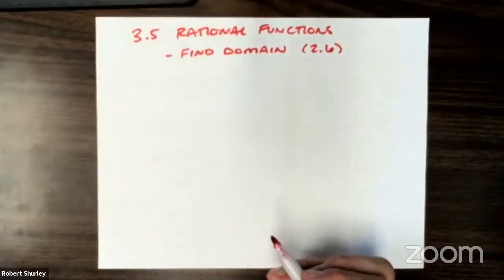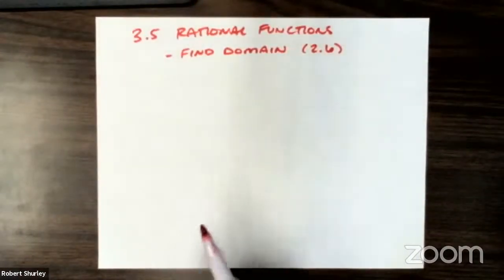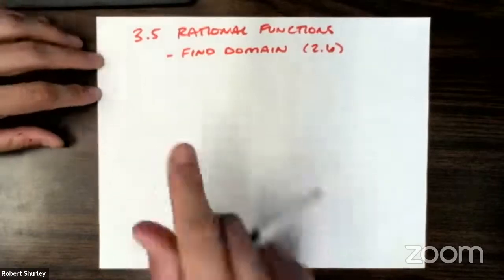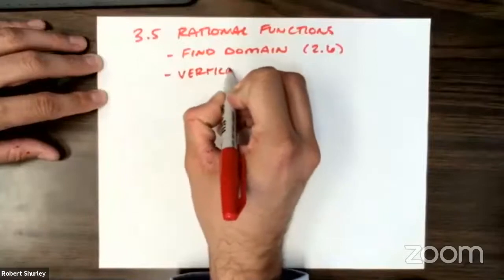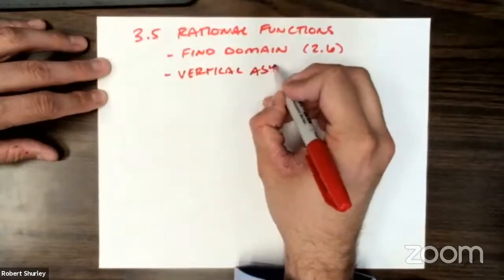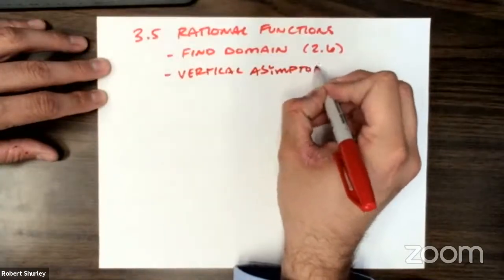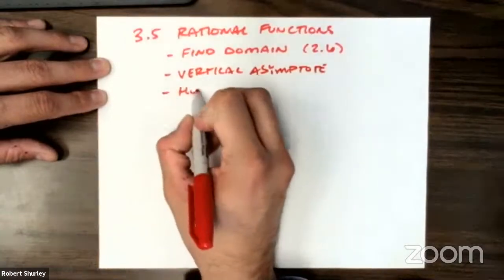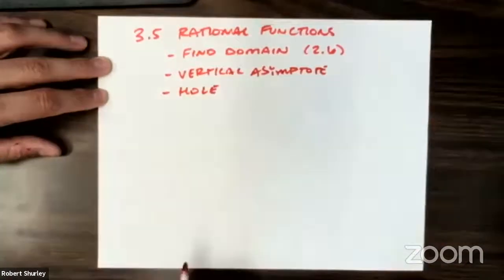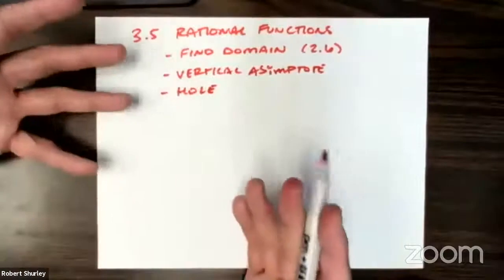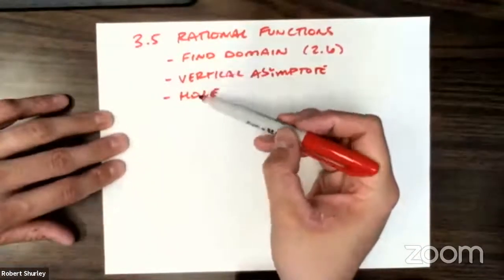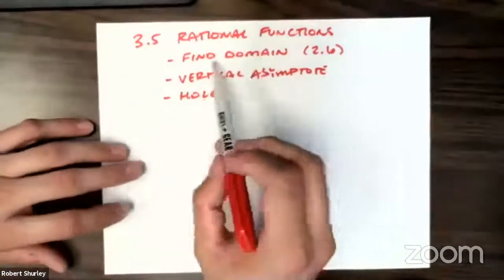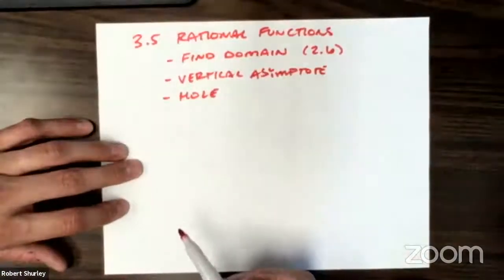And when we found their domain, we knew that if it had a restriction, the restriction could be one of two things. It could be a vertical asymptote or a hole, right? Those came from the domain. I'm not going to teach these today, but this is just a review that, hey, remember we went over vertical asymptote and hole, and it came from the restrictions from the domain.